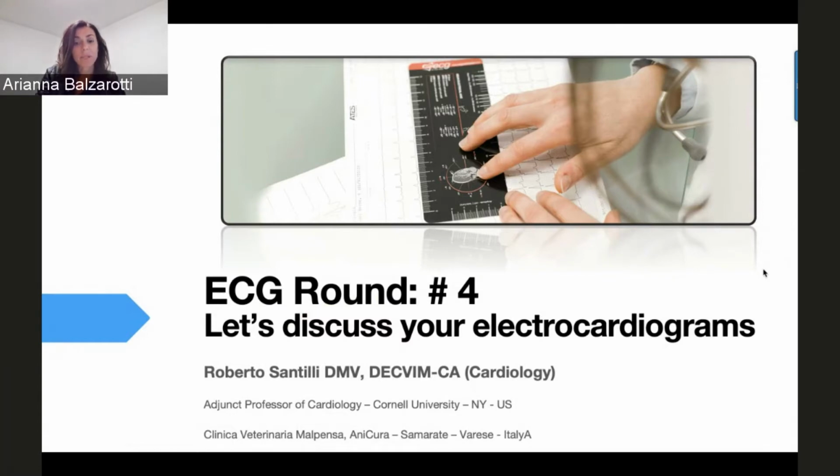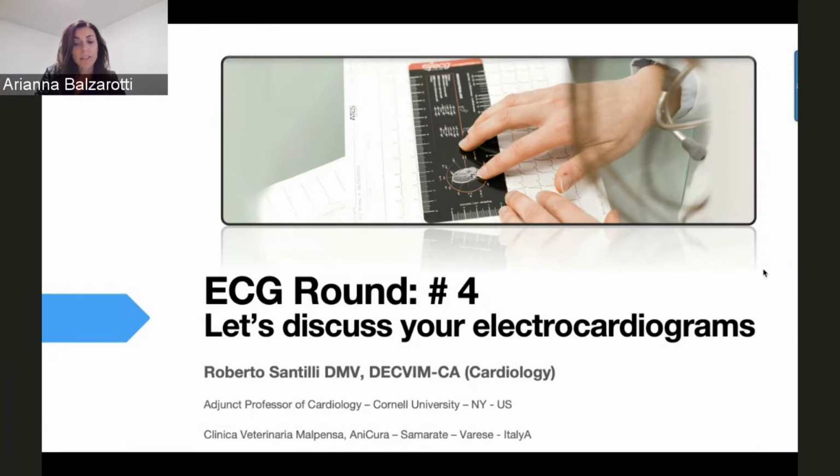He then obtained a PhD at the University of Turin, College of Veterinary Internal Medicine in 2010. Roberto Santilli is the head of the cardiology department of the Clinica Veterinaria Malpensa Nicure in Samarate Varese and of the Ospedale Veterinario Portoni Rossa Nicure Bologna.